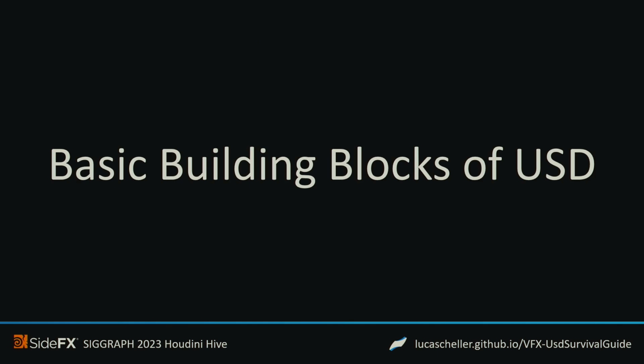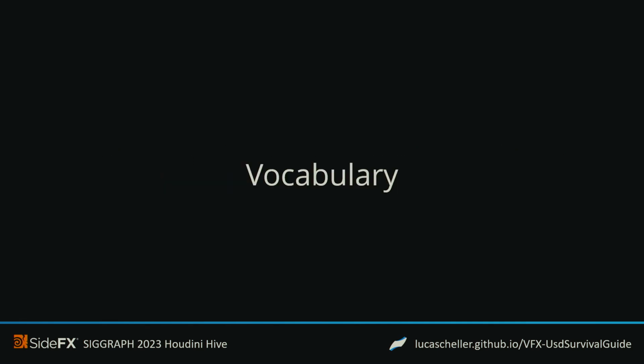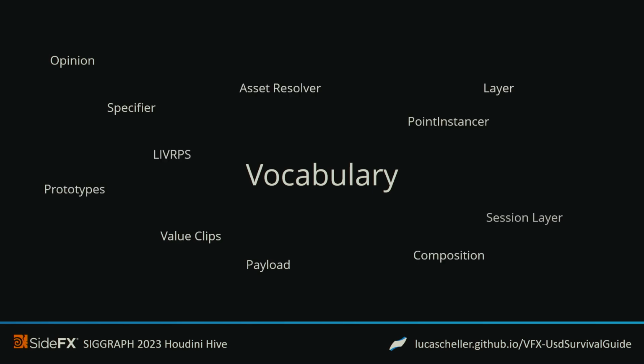So, what are the basic building blocks of USD? USD is a hierarchy-based cache format, or actually, let's take one step back. Before we start, USD is very vocabulary heavy. There are a lot of terms. The guide tries to stay away from them as far as possible, or we try to replace them with Houdini terminology here and there.